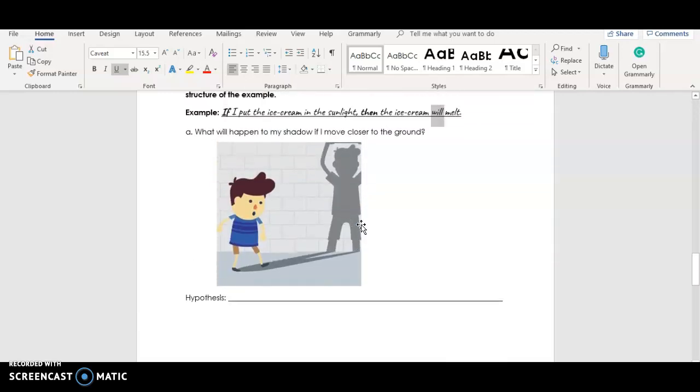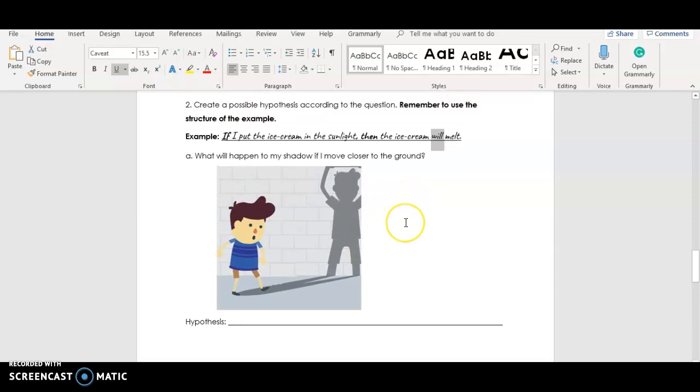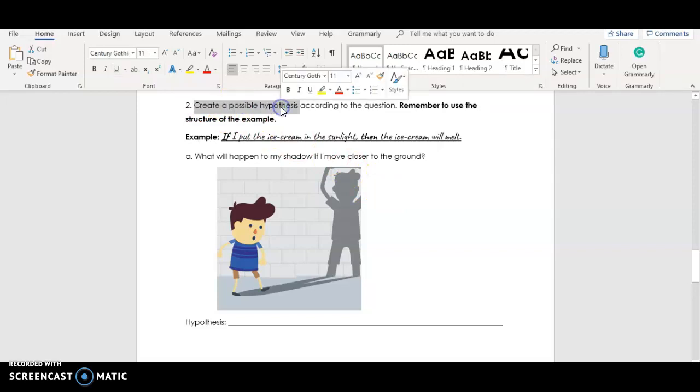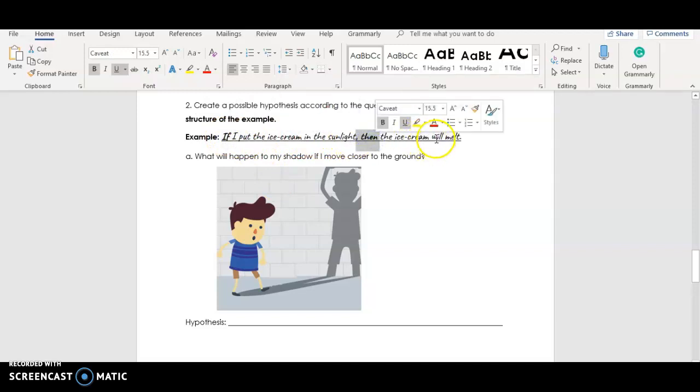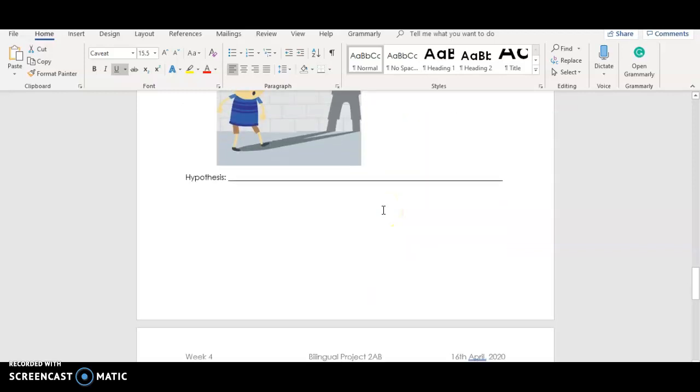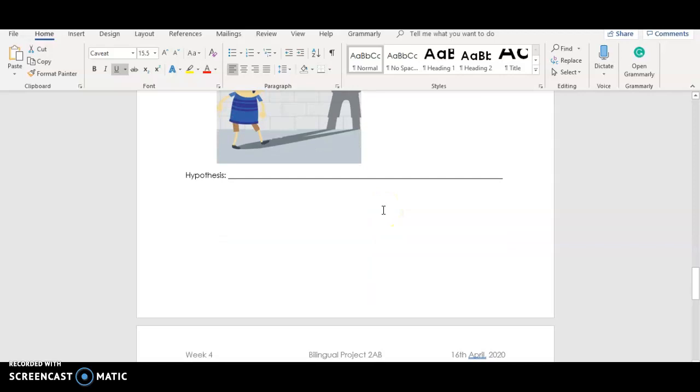You decide what is the possible result, because the important part here is to create a correct hypothesis with these words that I put in black in here. Not if the hypothesis is correct, but if it's written correctly.